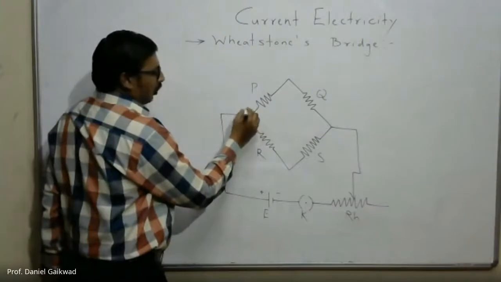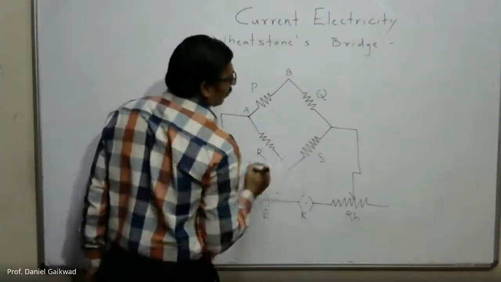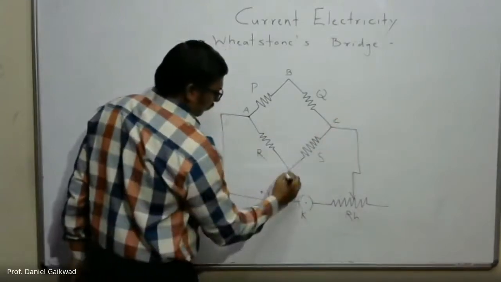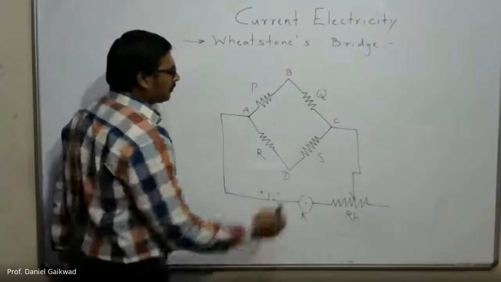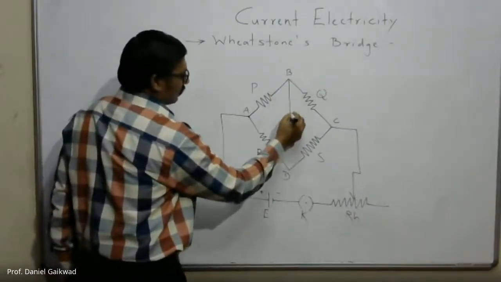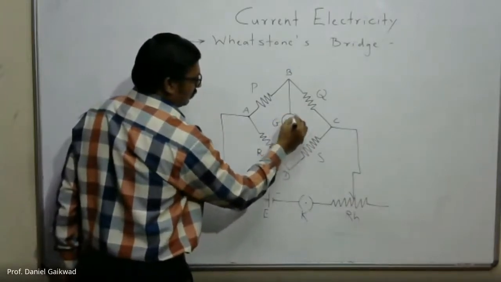Suppose we name these points A, B, C and D like this. Now between B and D, we connect a sensitive galvanometer G.